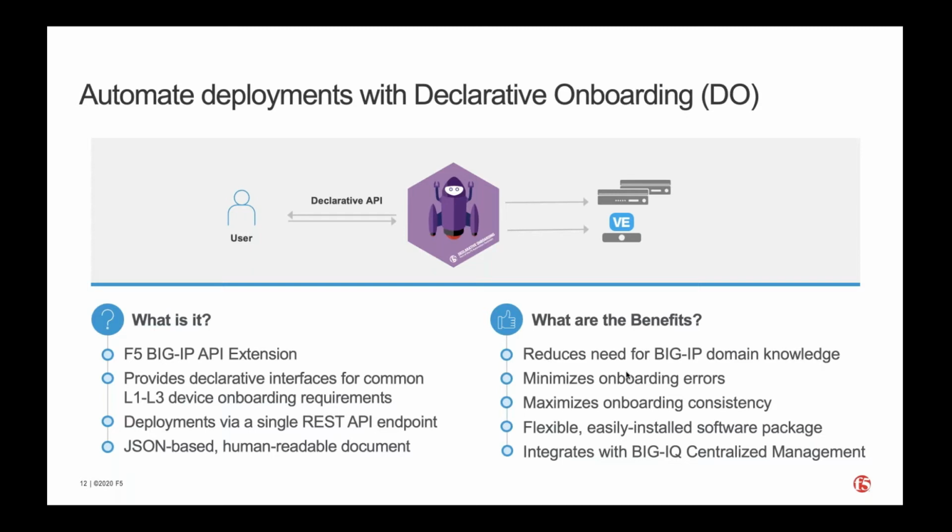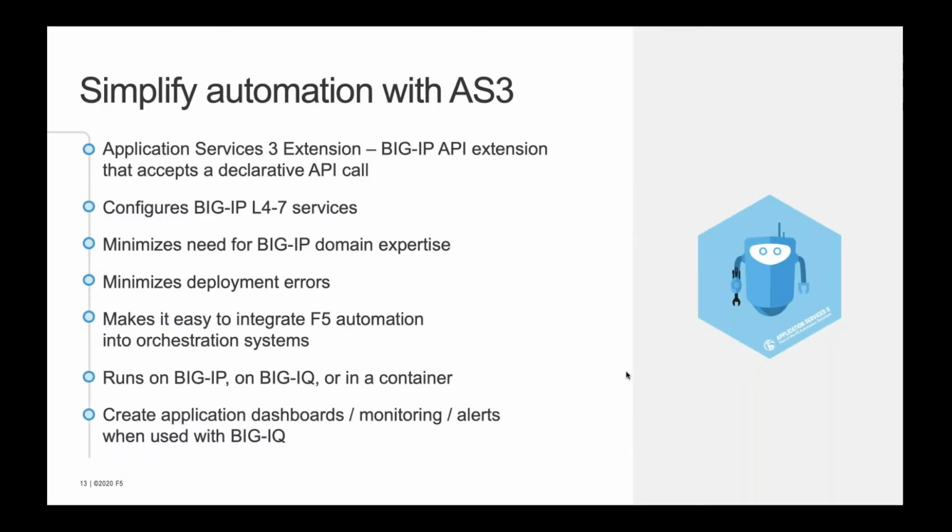It reduces the need for detailed F5 or Big IP knowledge. It reduces some errors that you're going to get during the onboarding, during the configuration itself. And it also integrates with BigIQ centralized management.